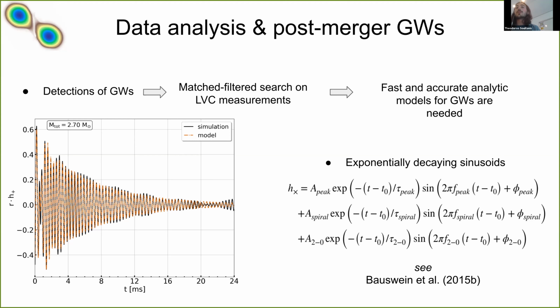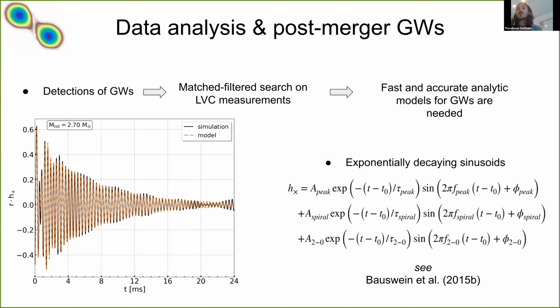And the frequencies of them are the F peak, the F spiral, and the F2 minus 0. We can do that because these frequencies follow relatively tight empirical relations, especially the F peak. Apart from that, we also consider some decay in these components. Of course, one has to explore this parameter space, and this is what I'm doing.